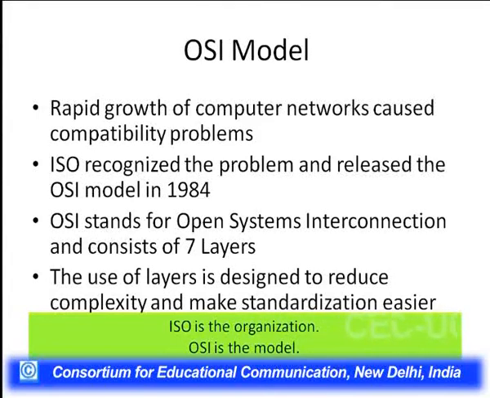Now we talk about the OSI model. After we have discussed how the layered approach is used in understanding networks, we will see what the OSI model is. What led to the growth of the OSI model is that there was a rapid proliferation in the number of computers, which required that the process of information interchange on the network be standardized.